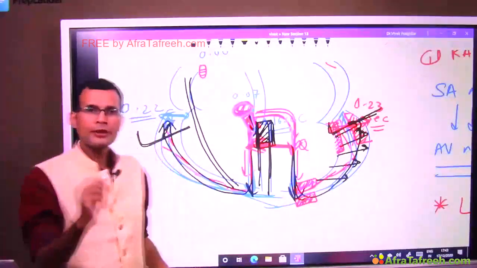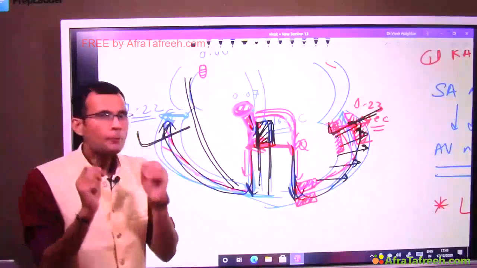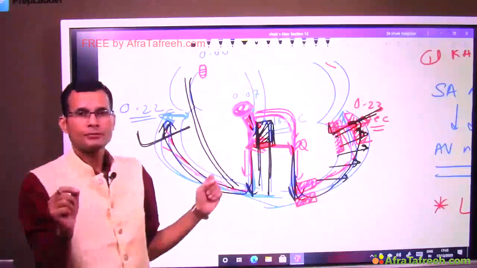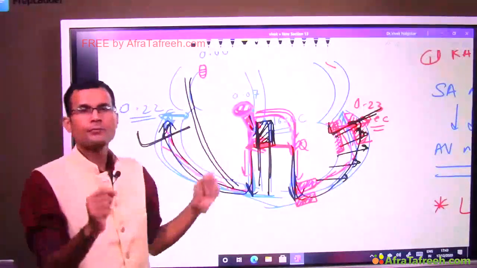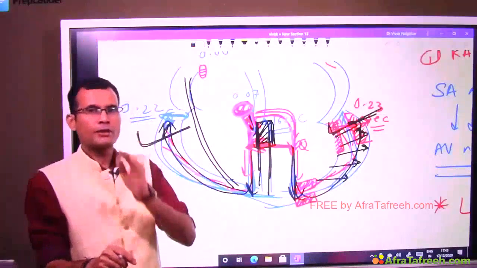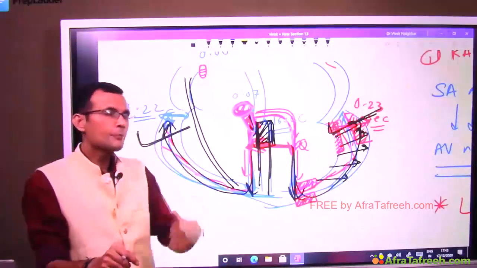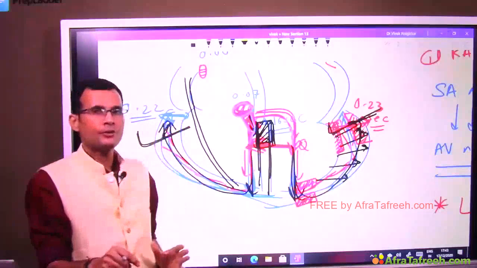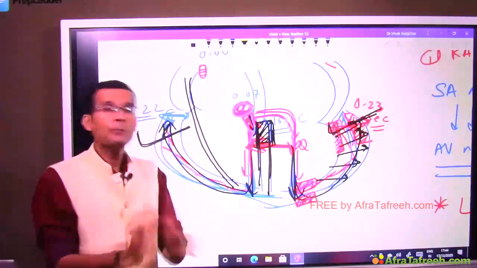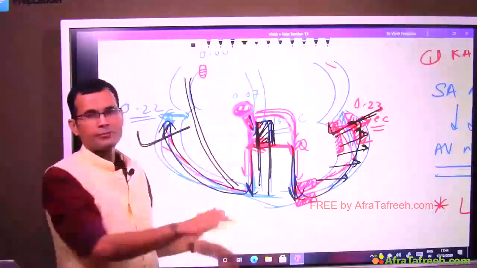Depolarization should be taken as a traveling impulse. Okay, it travels. And repolarization should be seen as recovery from excitation. Excitation means depolarization and it travels.